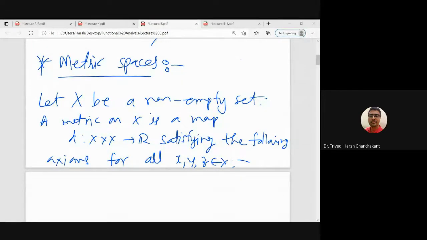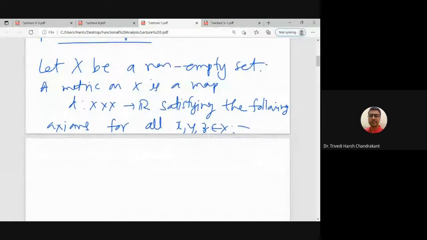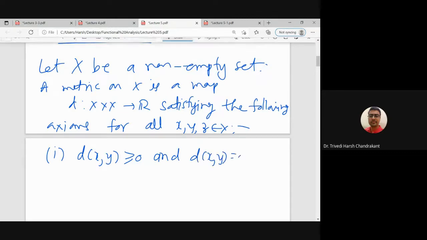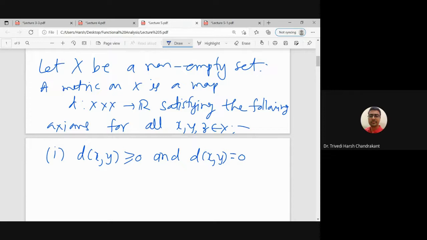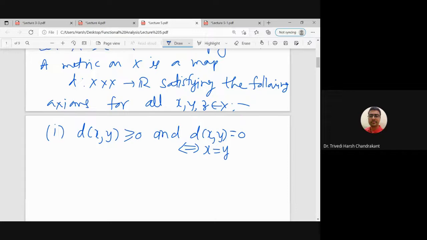Abhimanyu, what are the axioms of a metric? That d of x comma x is equal to 0, and d of x comma y is always greater than 0 if x is not equal to y, and the third axiom is triangle inequality. Right, and symmetric also. Okay. So the first axiom is basically that length is non-negative, and length is 0 if and only if the points are the same.